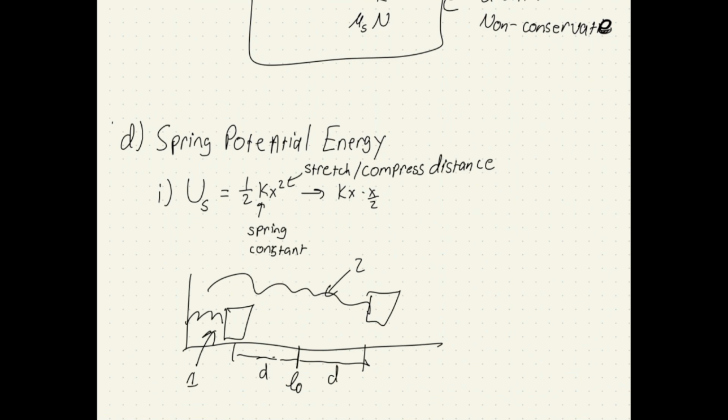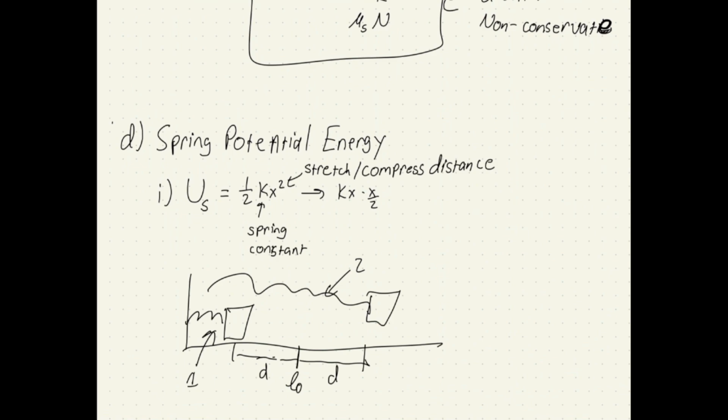And it turns out that d would be negative d for scenario 1, it would be positive d for scenario 2. If I plug that into my spring potential energy equation, I get d squared, and whether it's negative or positive, that negative gets squared, and so it becomes a positive x squared no matter what you do to it. And so there's no way to make this U sub S thing a negative number.